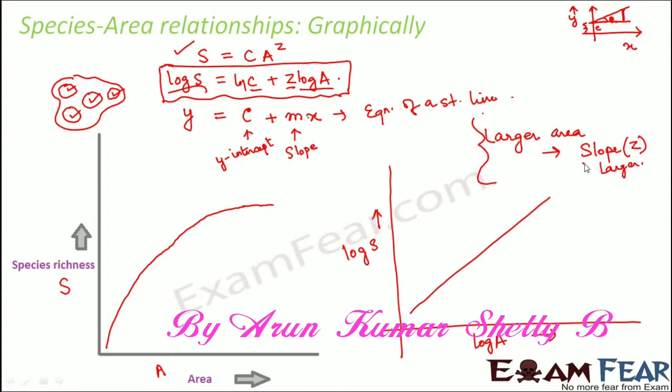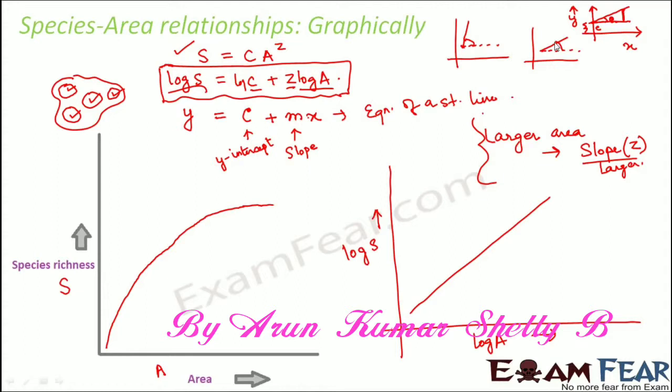Now what do I mean by a larger slope? Larger slope would mean if this is your graph, the larger the value of the slope, the steeper the graph would be. So this will have a larger value of slope. If you have a smaller value of slope, it will be like this, because as theta increases, the value of slope increases. That means the value of Z increases.